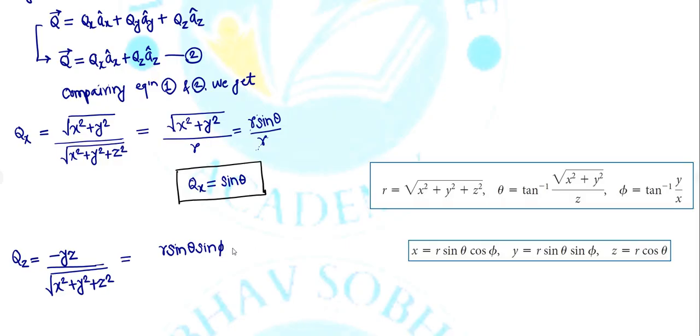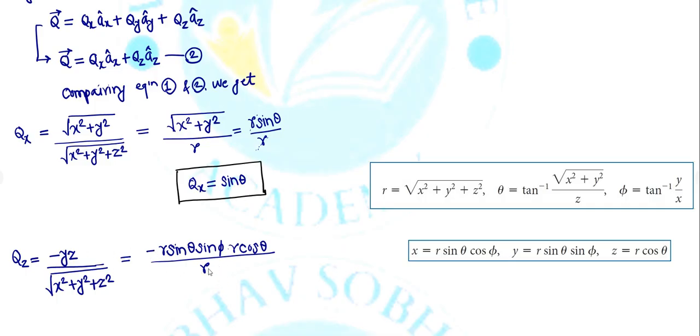Then we have z. So z is r cos of theta. And square root of x square plus y square plus z square is equal to r, and this minus sign over there.